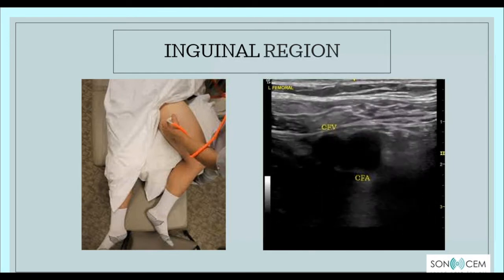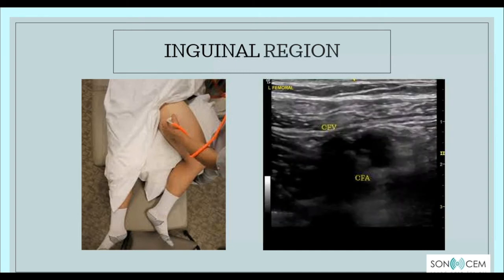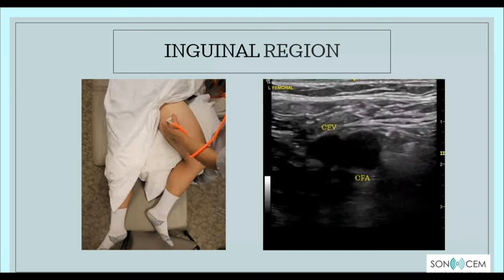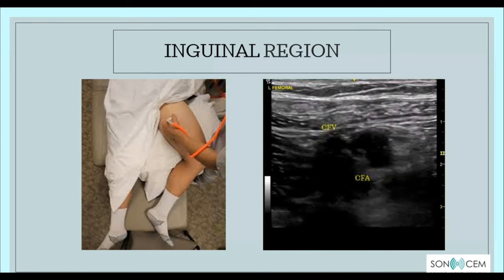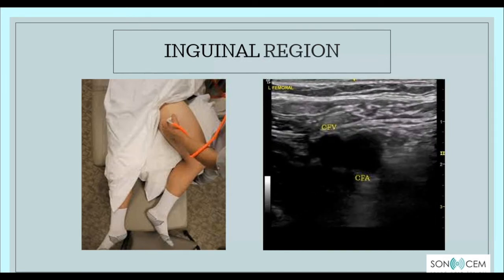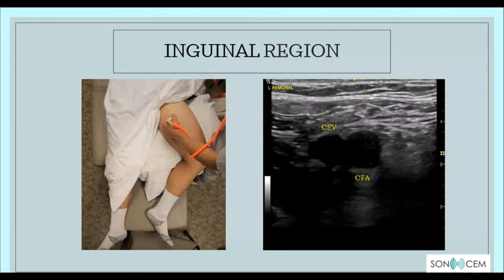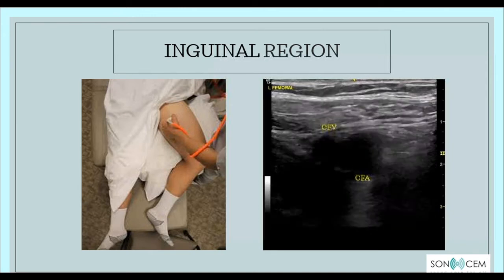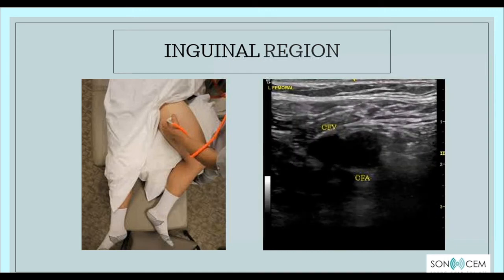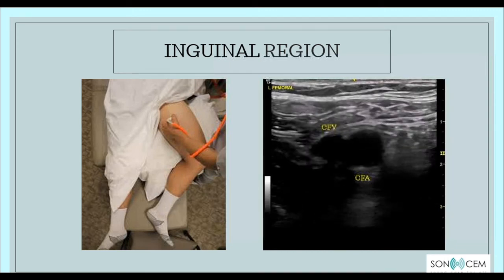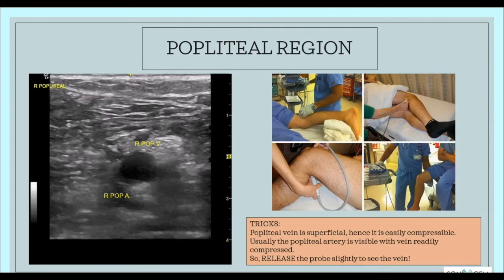So how you identify the structure is by pressing down the probe. You can see that the common femoral vein is compressible, while the common femoral artery remains patent. So this is the normal view of ultrasound of DVT.